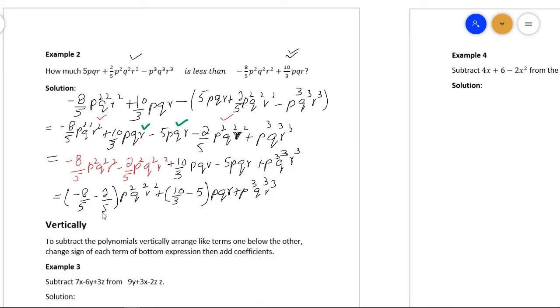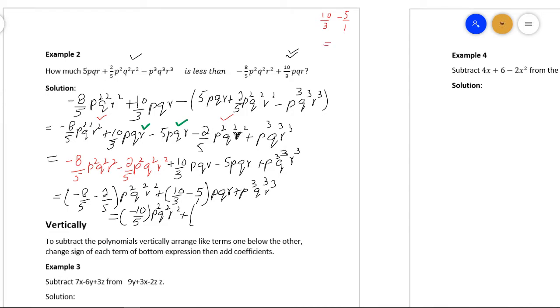Now minus 8 by 5 and minus 2 by 5, as the denominators are same, therefore we will add the numerators. Then minus 8 minus 2 will be minus 10 by 5 p square q square r square plus, and there the denominators are different, so we will use the butterfly method. How we will add: here it is 10 by 3 and minus 5 by 1.